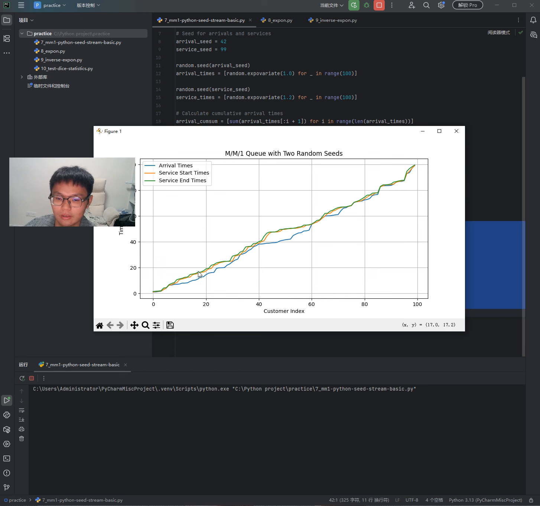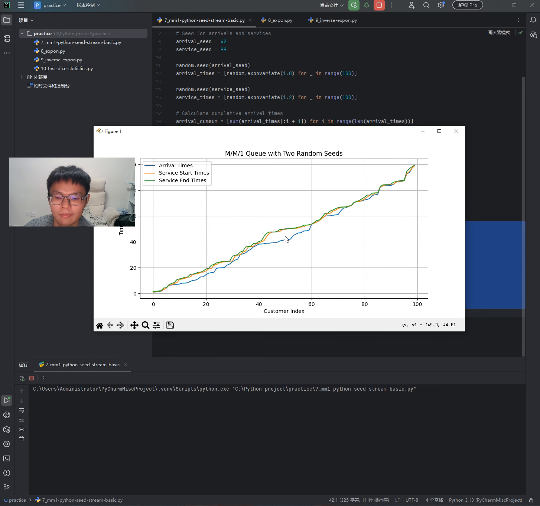This is when the blue and the orange lines overlap. But when there is a queue, the service start is delayed, so we can see a gap between the blue and the orange line. The green line is always after the orange line, showing the duration of service.